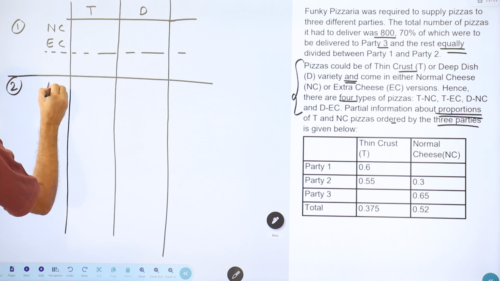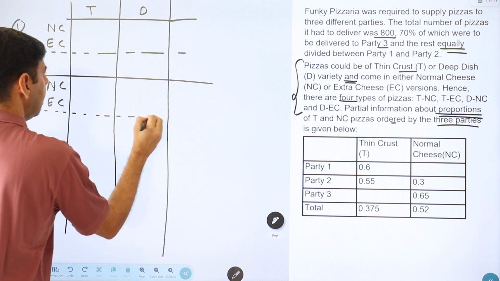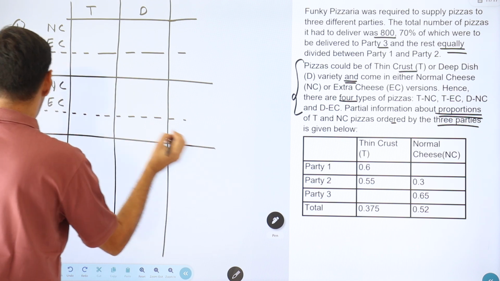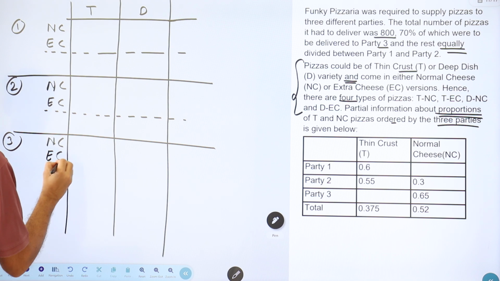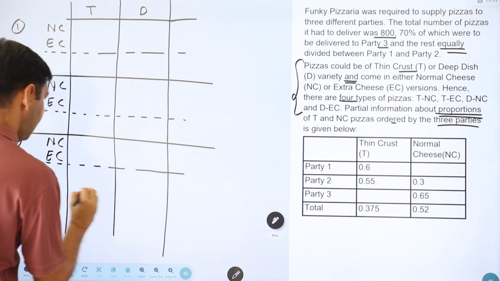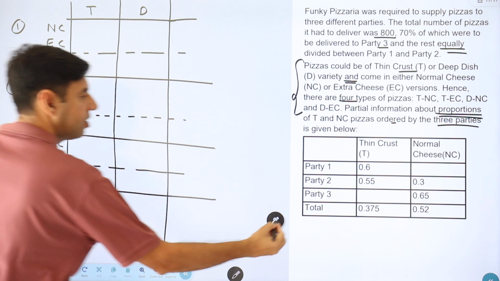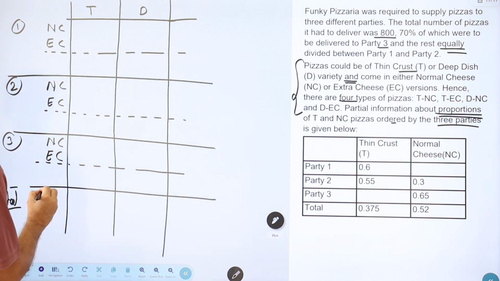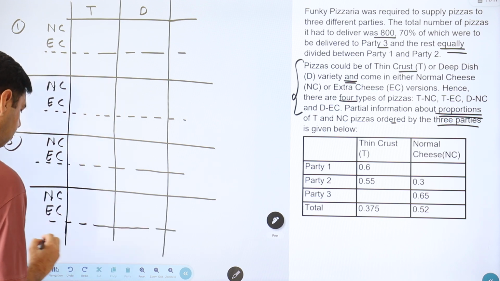Similarly for party 2, the normal cheese, extra cheese, and then the total for party 2. I'll also do it for party 3, normal cheese, extra cheese, the total for this party, and I will do the total for all the 3 parties, because this is also important because the last row is given, right? So we would need normal cheese, extra cheese, and the total for all the 3 parties put together.